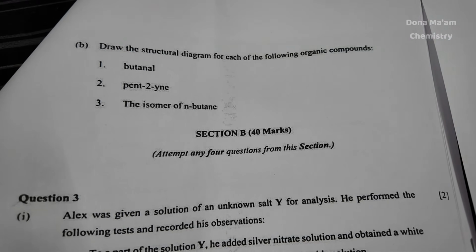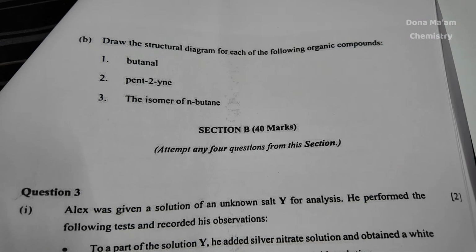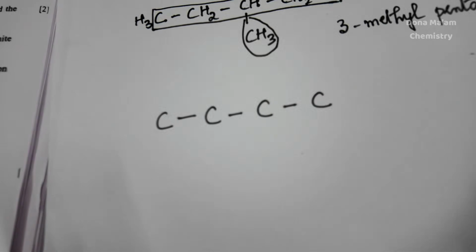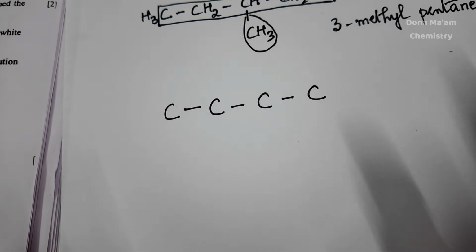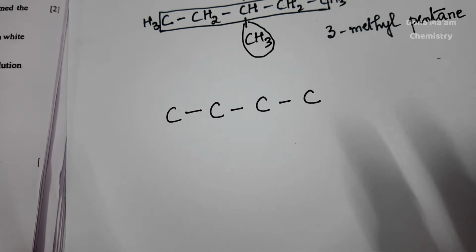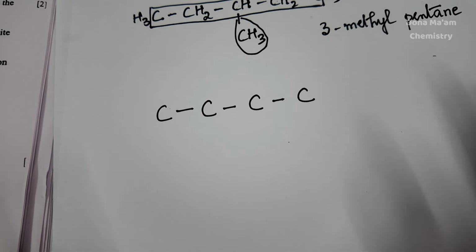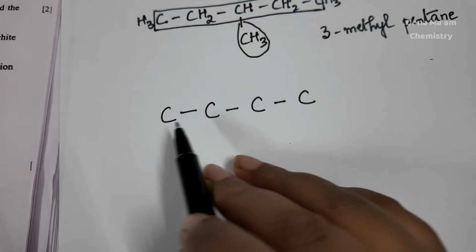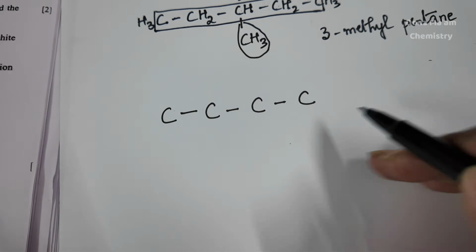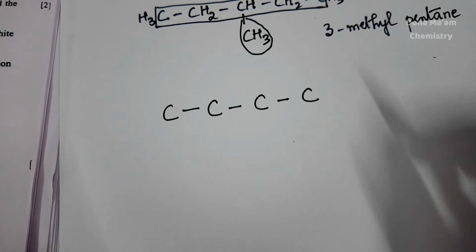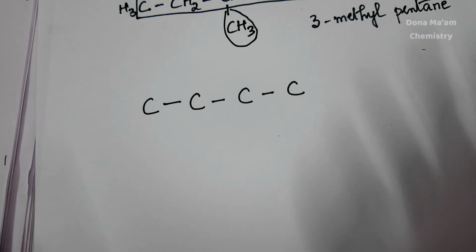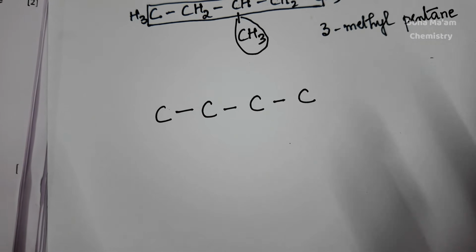Okay. Draw structural diagram for each of the following. Butanal. Butanal, the root word but means how many carbons you have to draw? 4. Butan, so there are carbon-carbon single bonds, all of which I have drawn. And al means aldehyde, and the aldehyde position is not mentioned, which means it's 1.